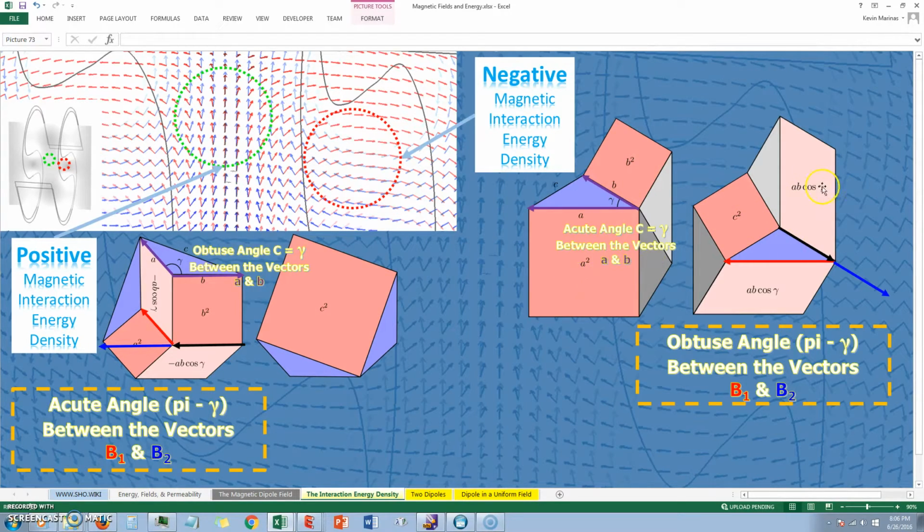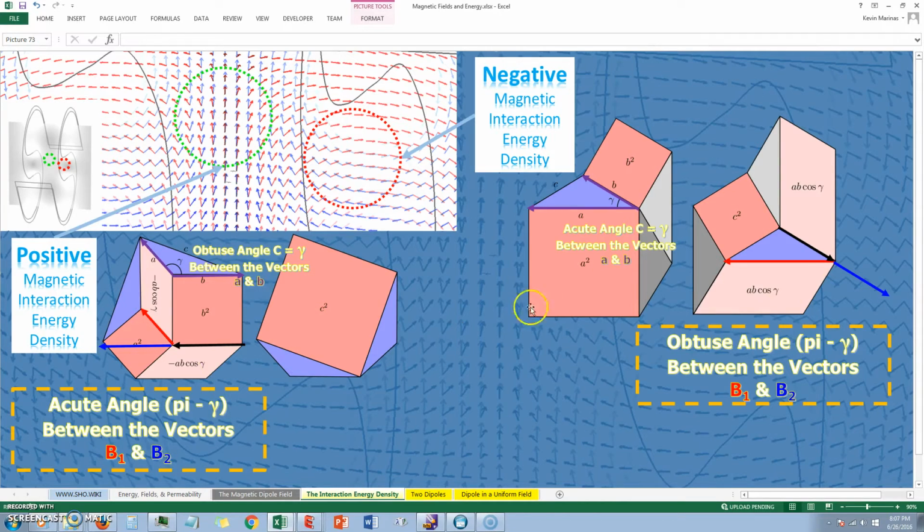The difference being these two areas. Okay? So going back to here, this plus this plus this plus this equals this. Whereas this plus this equals this plus this plus this.